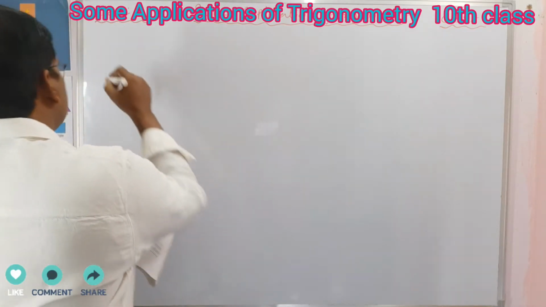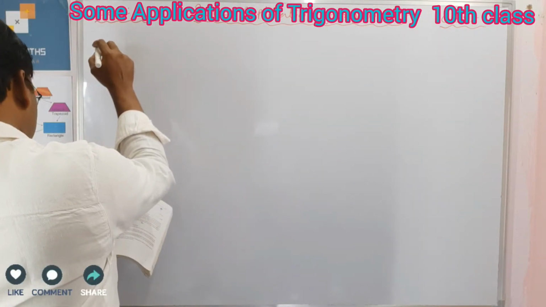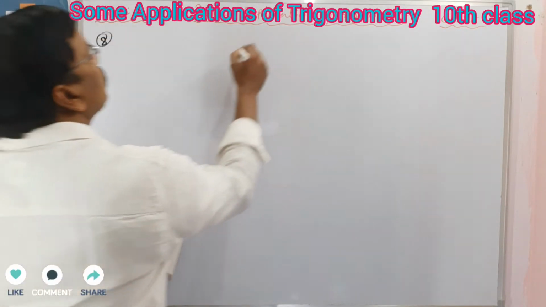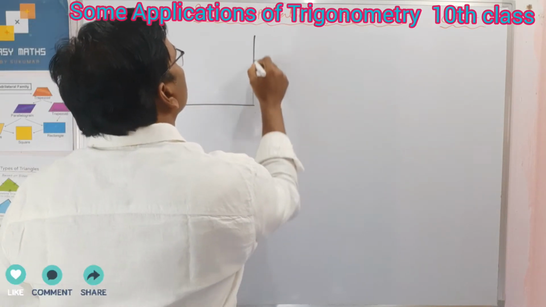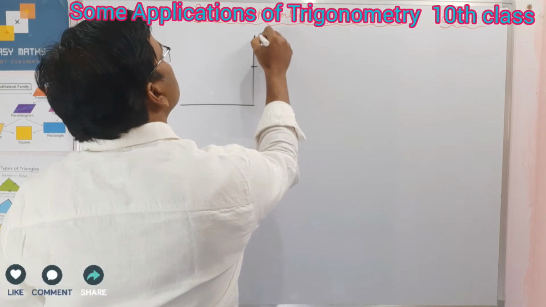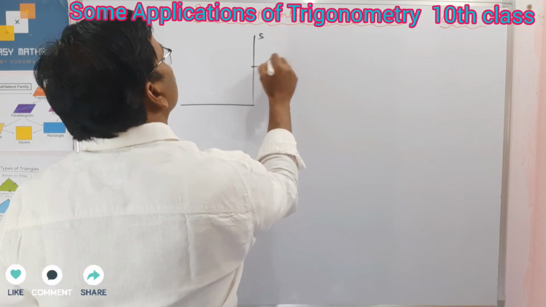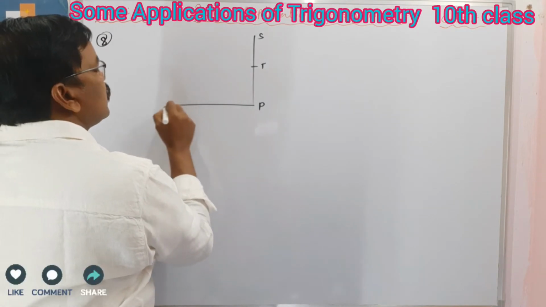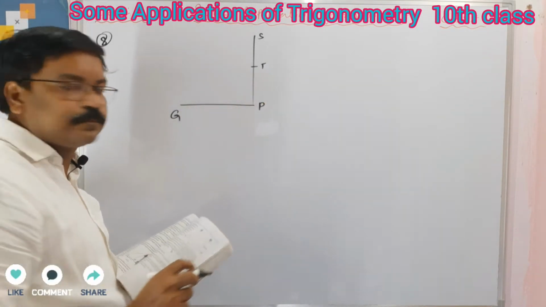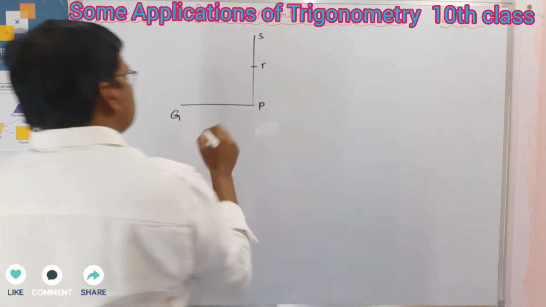Okay. See here in this 8th question, there is a statue. This is a statue and this is the pedestal and this is the ground, a point on the ground. This ST is what?